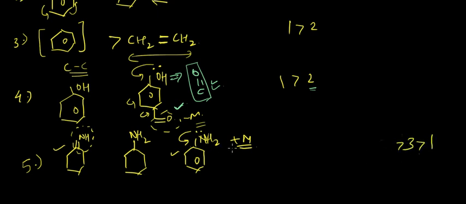Why? Because this is a resonating structure and this exists in real. This is a real pi bond and this would have some single bond character also. Although it is showing plus M, it would have some single bond character also. Only in the resonating structure would it be delocalizing its lone pair towards the phenyl ring. But this is a static pi bond. Hence the static pi bond's bond length would be the least, then third, and then second.